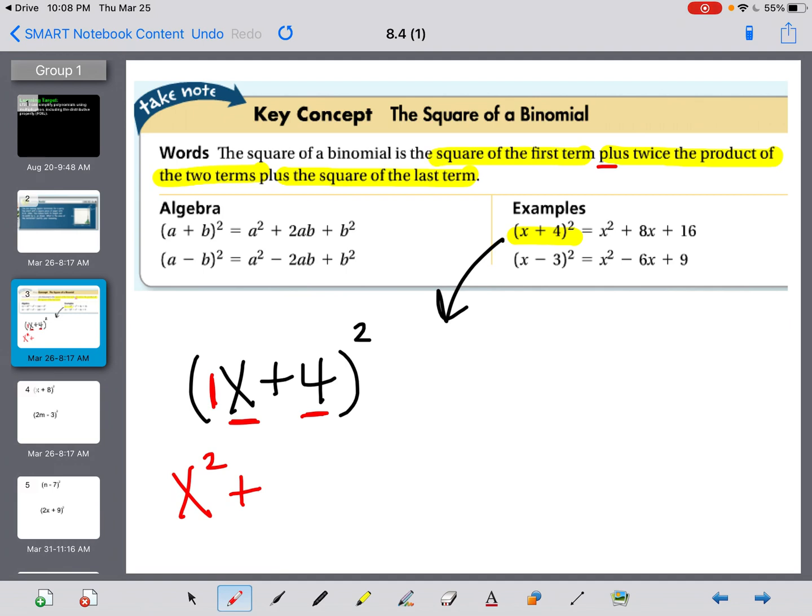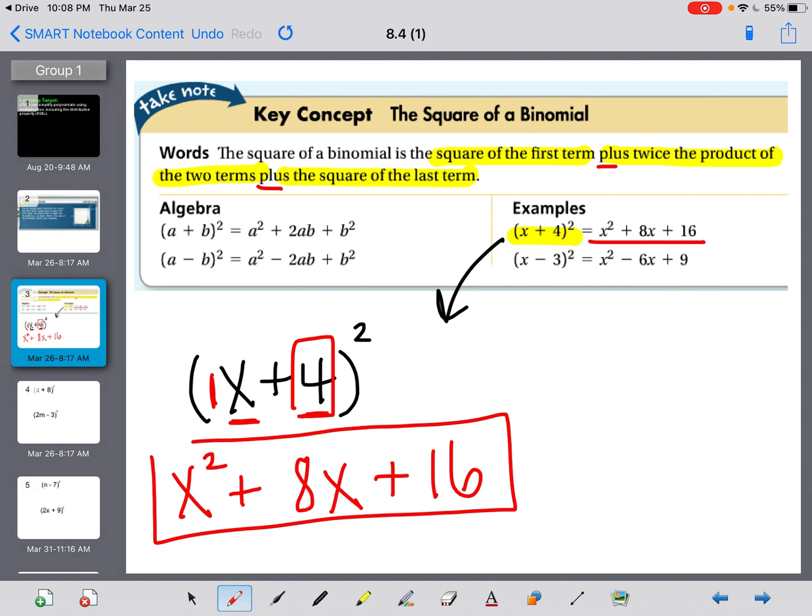So 4 times 1 is 4, and twice that is 8x. And then plus the square of the last term. So we're going to take this 4 and square it, which gives me 16, and that's exactly what they have here. So that's a nice easy way to do it without having to write out a lot of work.